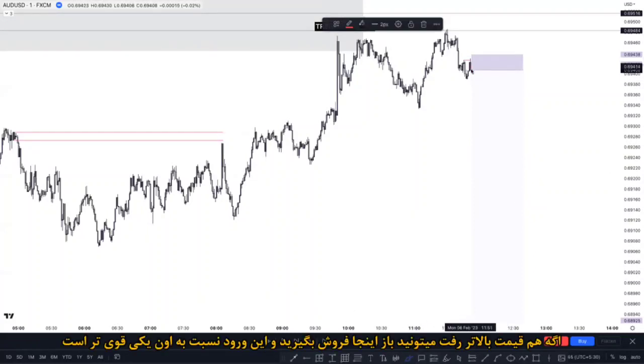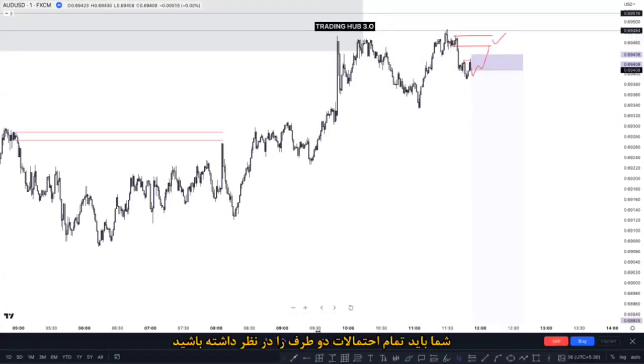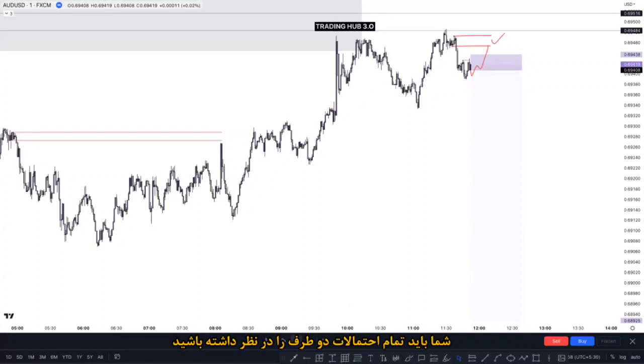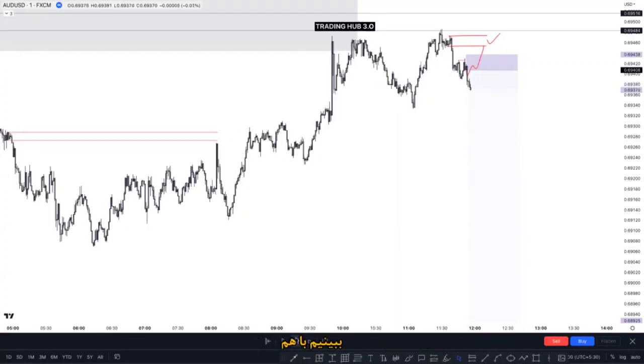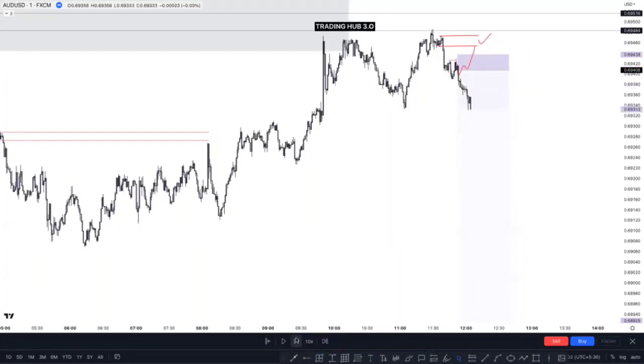And if the market continues higher to mitigate this one, you can also sell here, right? Because this is our high probability entry compared to the first one, right? So you have to prepare on both sides. Probability is here. Okay, let's see.